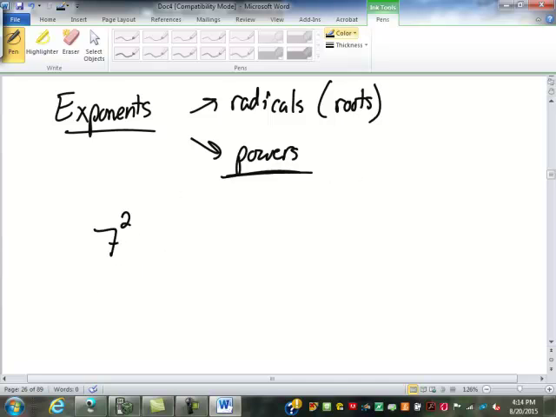What does that mean? 7 squared, or 7 to the power of 2. What does it mean? 7 times 7, good. Or we could calculate it out to be 49.